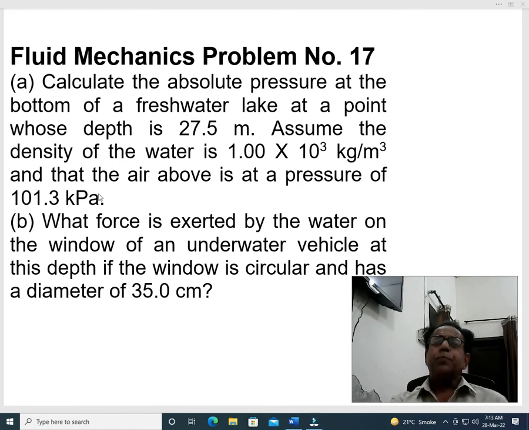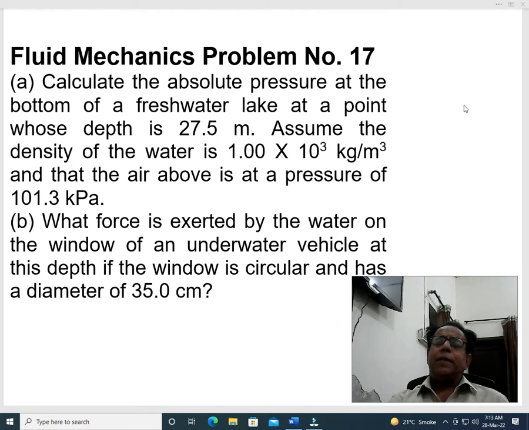So even if these two values are not given, we can see these two values from the respective table. That is table of densities and table of conversion factors regarding pressure.